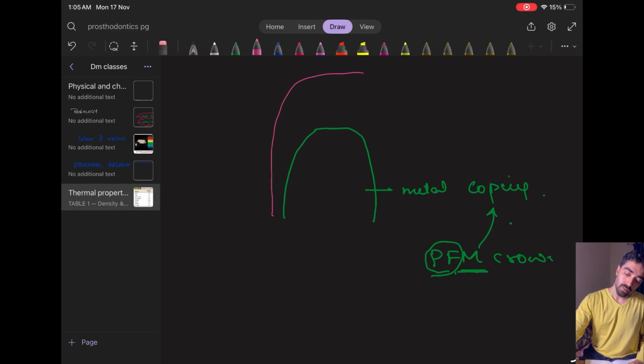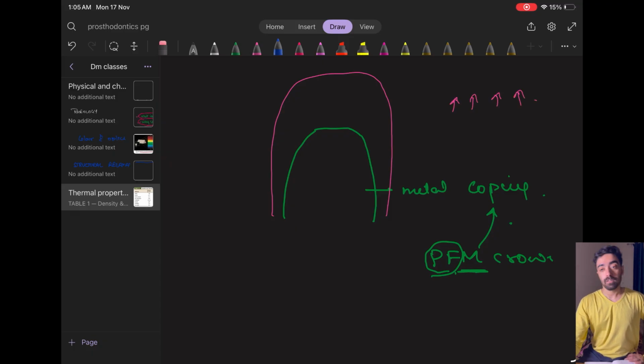This is the ceramic that is applied over it. Now I take it into a porcelain firing unit and increase the temperature. Because the temperature is increasing and reaching up to thousands of degrees, metal starts to expand. Now because of this expansion, ceramic also starts to expand.